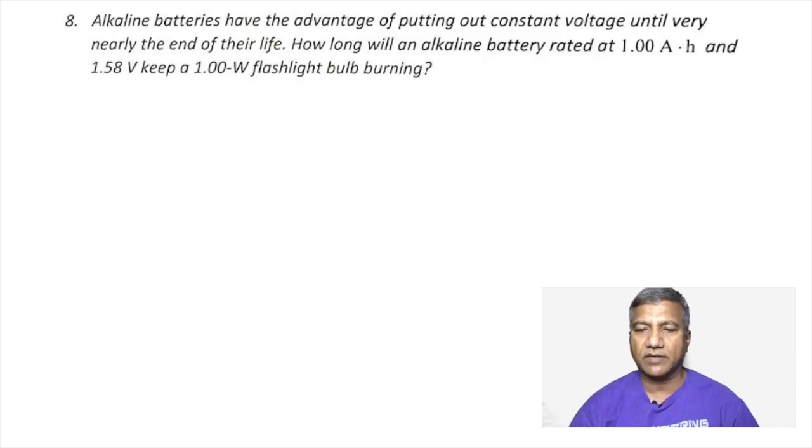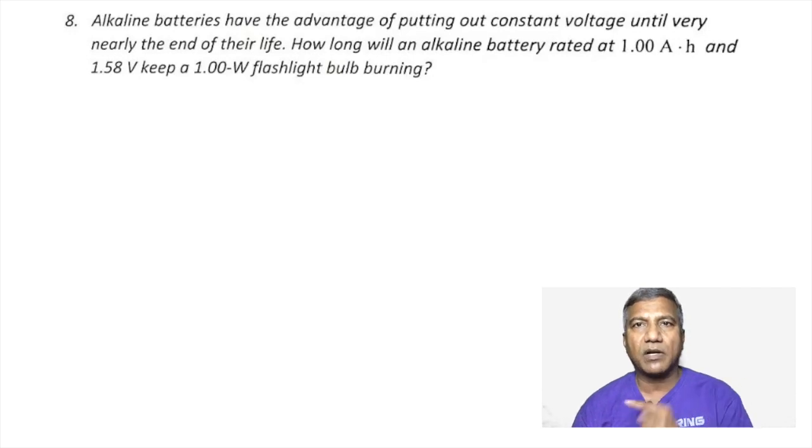Alkaline batteries have the advantage of putting out constant voltage until the very end. And how long will an alkaline battery rated at 1 ampere hour last? Note the unit. Batteries are always rated with current multiplied by time. Let me explain what that means. This means that if 1 ampere is being drawn from the battery, it'll last for 1 hour.